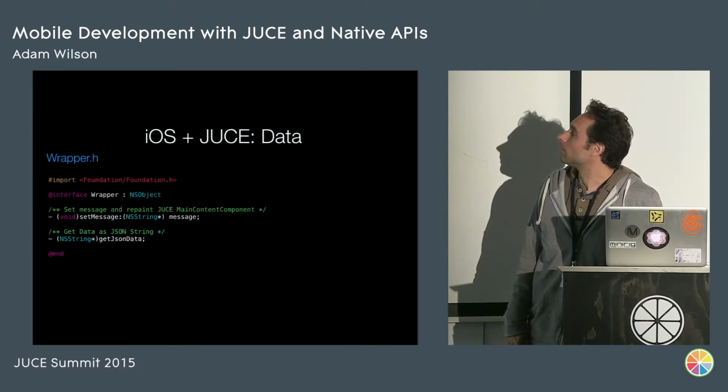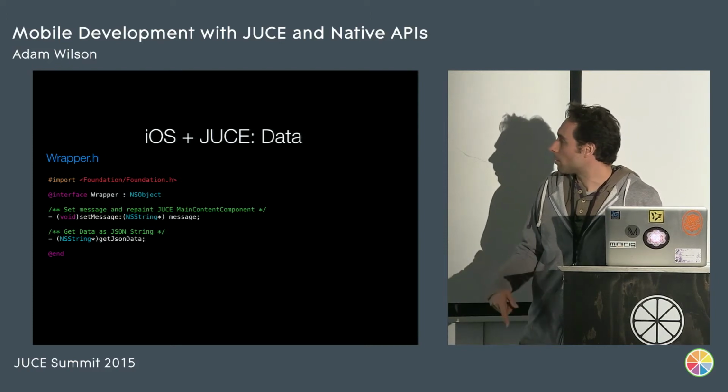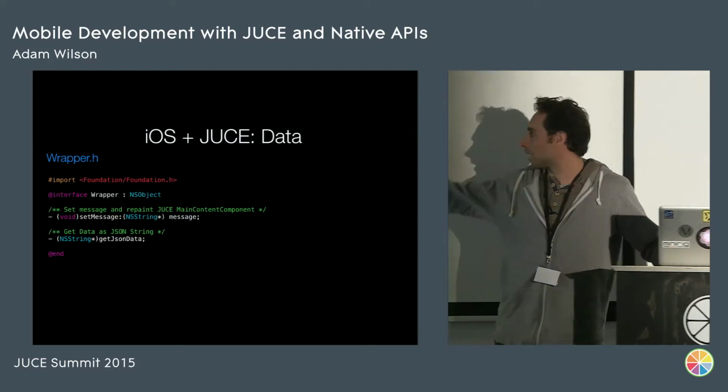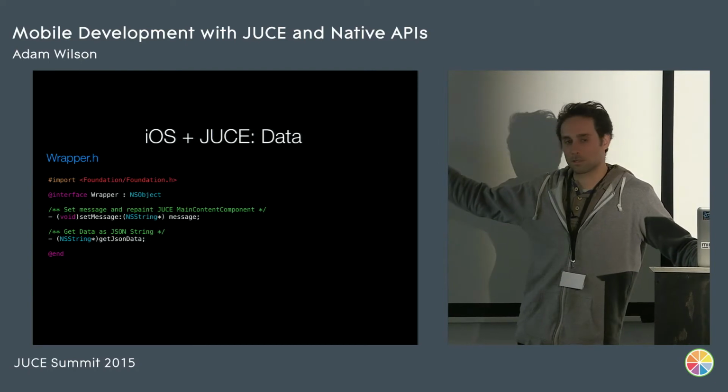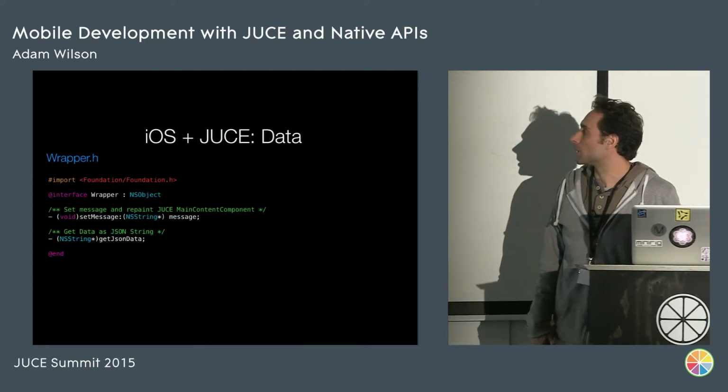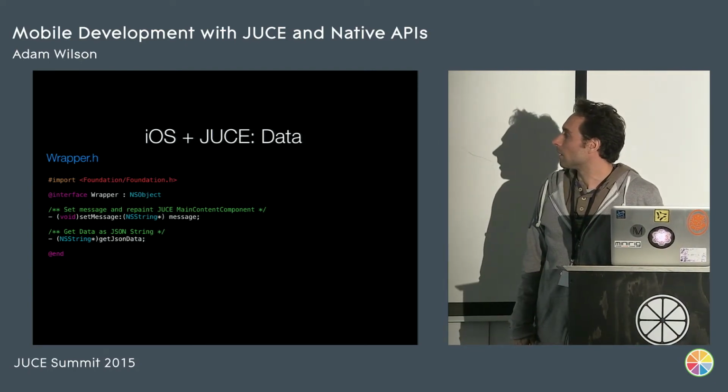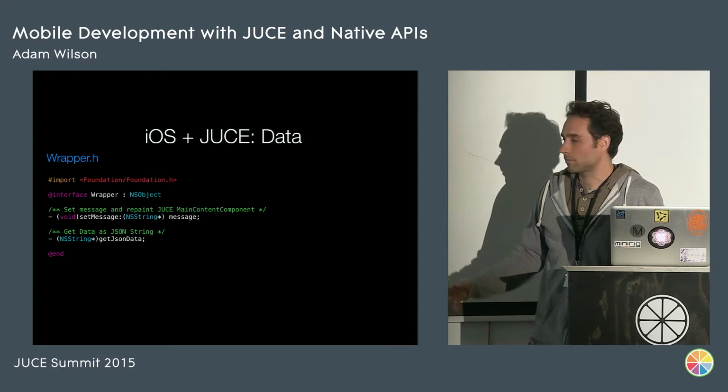So in our Objective-C wrapper, we can take the NSString, which is the native string object in Objective-C, to send and receive data.